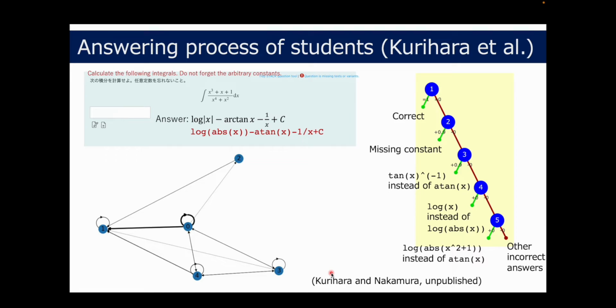Let's consider the question of integration of these rational functions. Correct answer is this, and students should enter their answers in this way. Students' answers are assessed by this potential response tree.